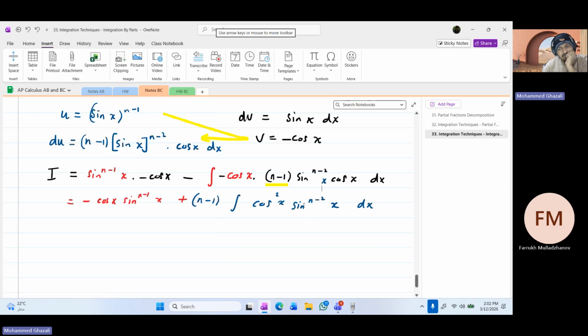Why do I have sine of n minus 2 there, and there's no cos?